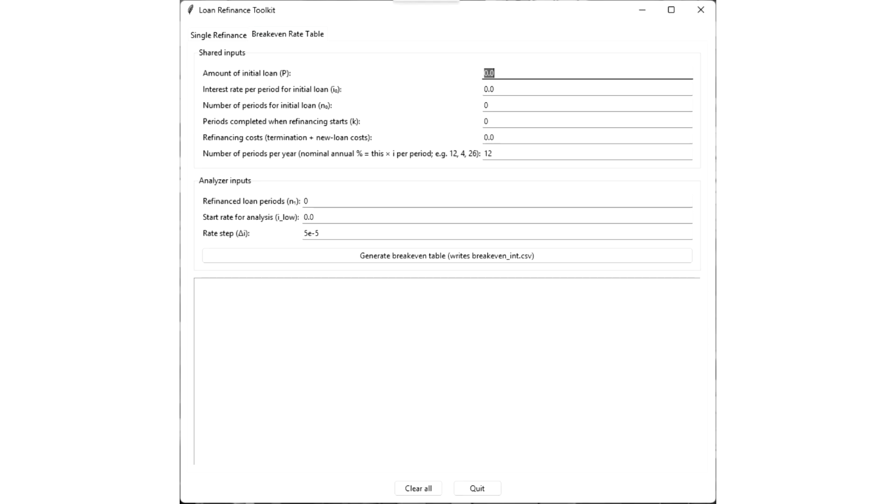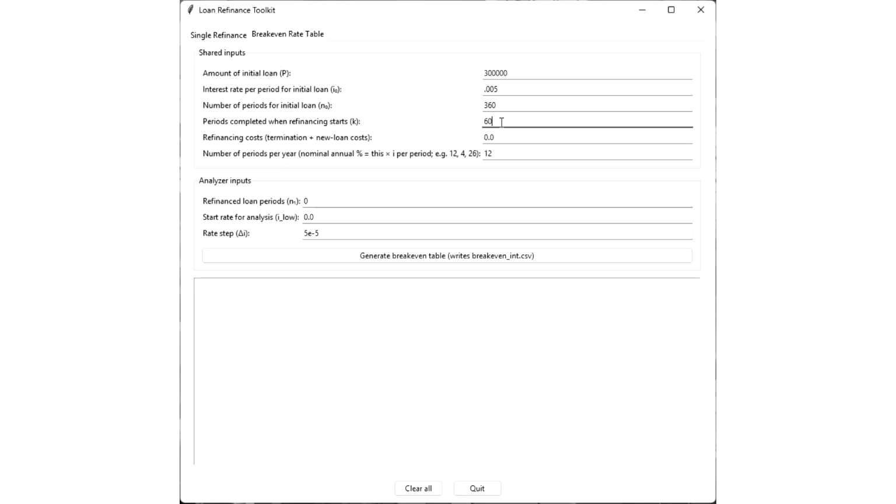So we'll put in the same numbers, the 300,000, the 6.06 divided by 12. That's the current rate that Butterfields are paying. And then it's 30 years or 360 months.